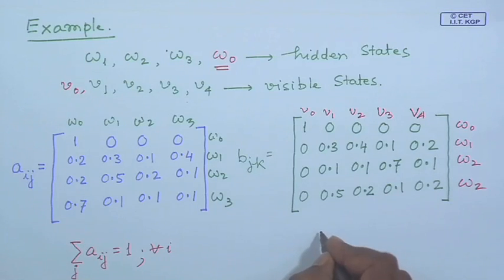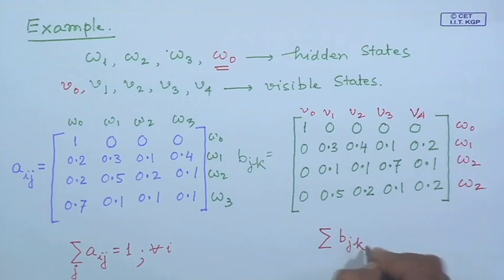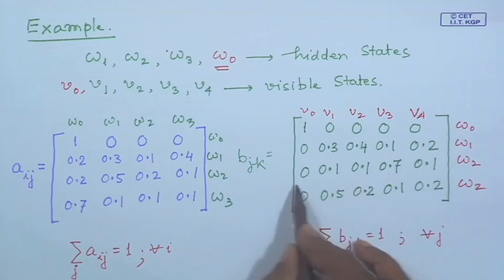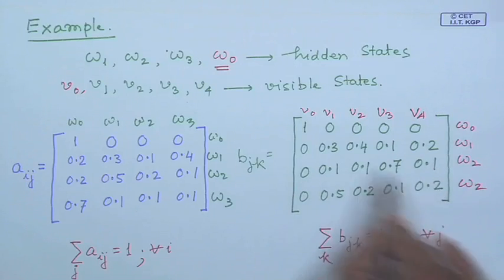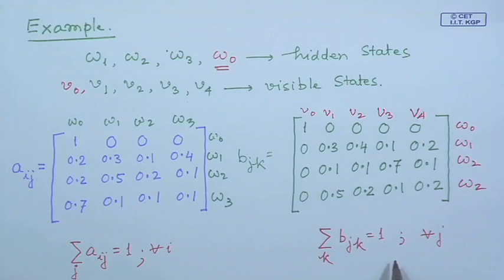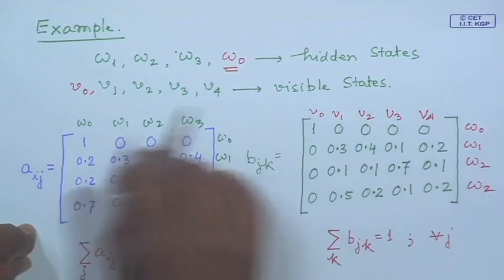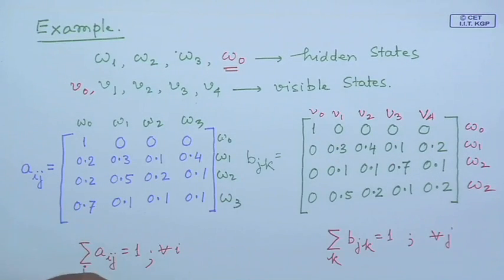Similarly, the other constraint that we said is that the sum of B j k, when you take the summation over k, will be equal to 1 and this is true for all j. So, here also you find that if you take the sum of all the elements in any of the rows, that is also equal to 1. So, these are the restrictions on these transition probabilities that we have to have.